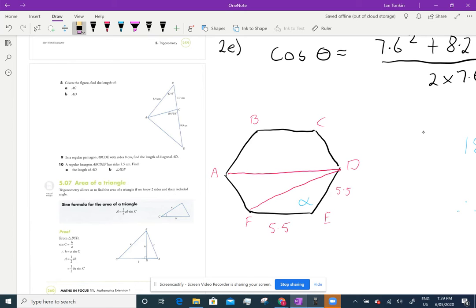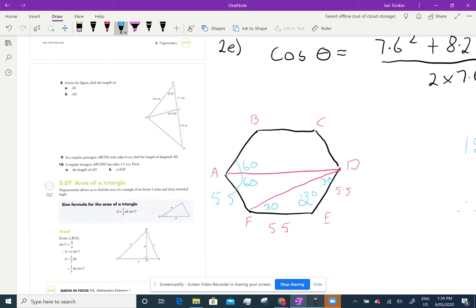this will be split. So if all of this is 120, that's going to be 60, and that's going to be 60. I'm going to have this side, this is 5.5. If that's 60, I can find these two angles, because if that's 120 and this is isosceles, they're going to be 30 each, aren't they?